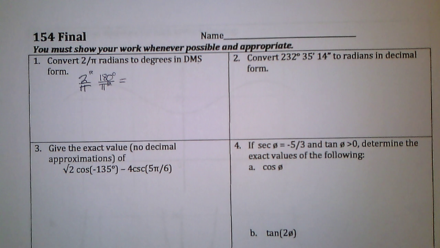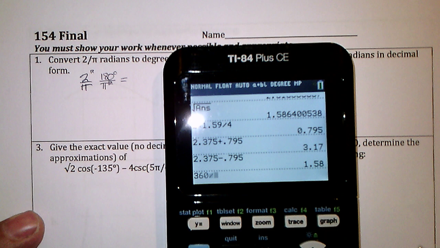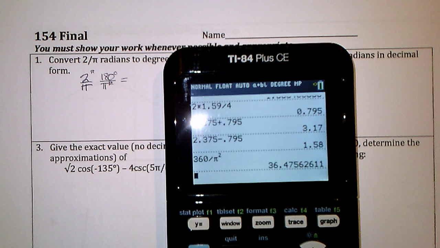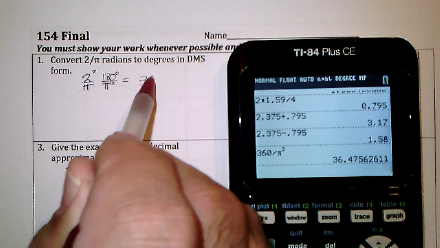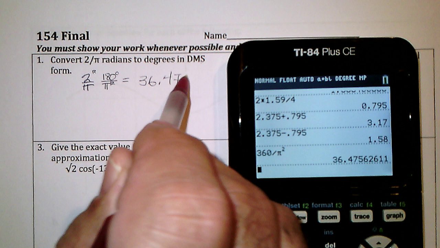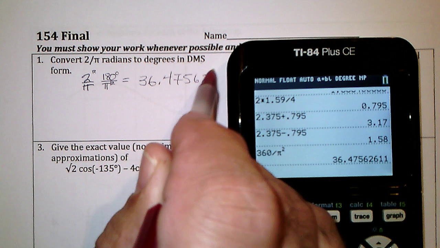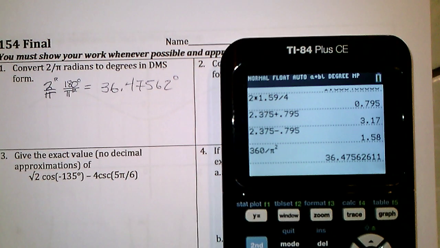We're going to get 360 divided by pi squared, which is 36.47562 degrees. Now change it to degrees, minutes, seconds.